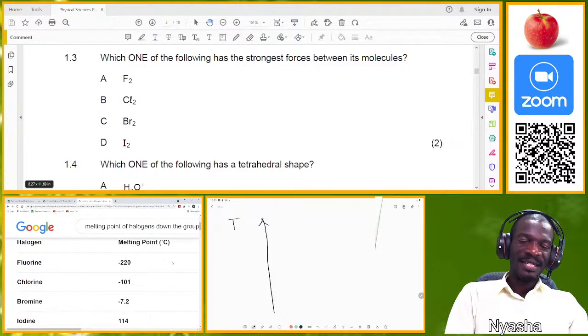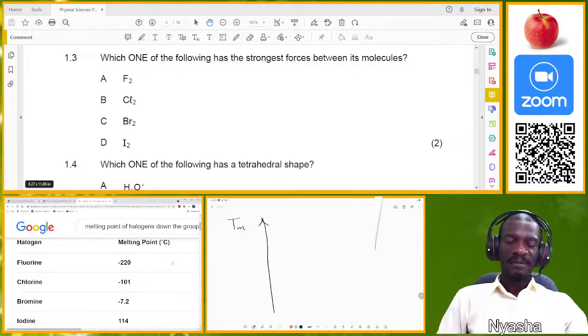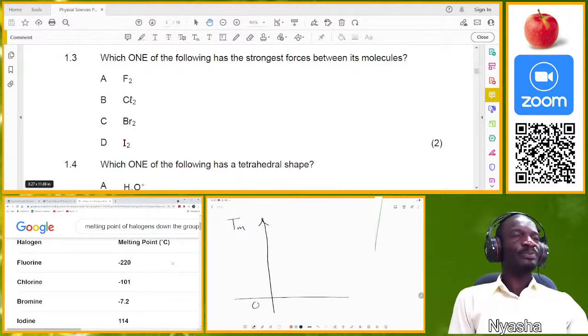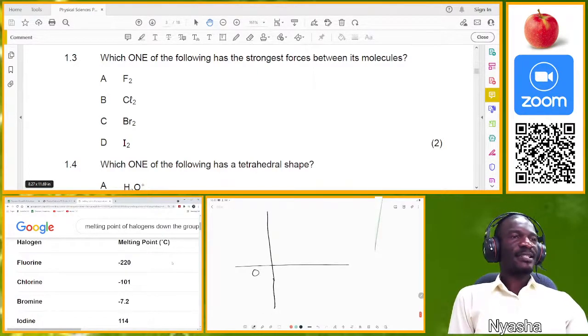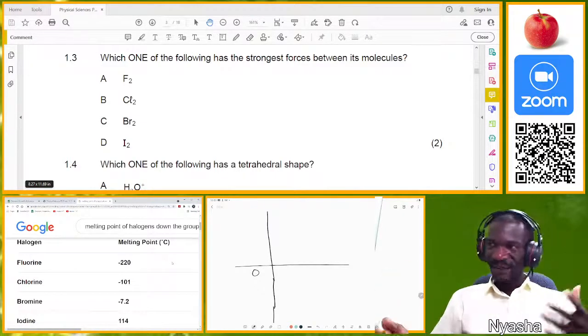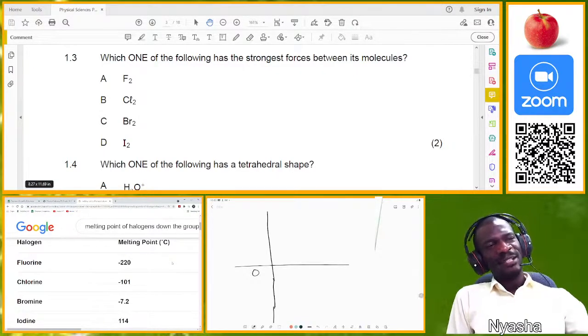So it's T melting, representing melting temperature. This is increasing, this is our 0. So this is our negative axis. For fluorine, let me just try to make a graph, just out of interest. It will have steps of, let's say, 50.